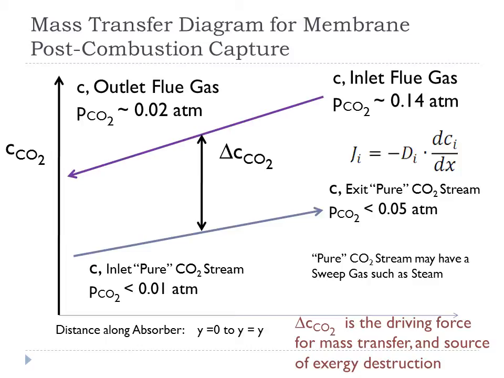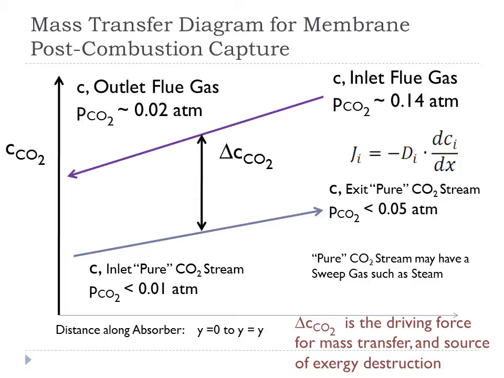That means the outlet of the flue gas partial pressure has got to be down on the order of 0.02 atmospheres. That's a significantly small number. So the question is, of course, how are we going to do this? That means we also need a gradient of concentration through the membrane, or else we'll never get any flow.